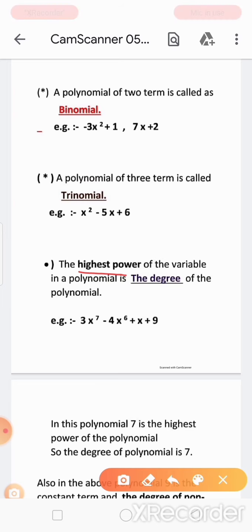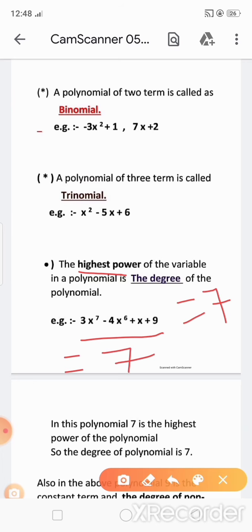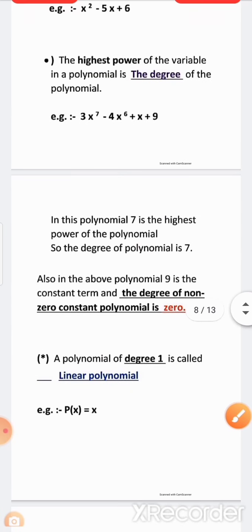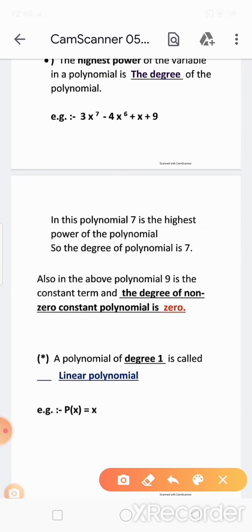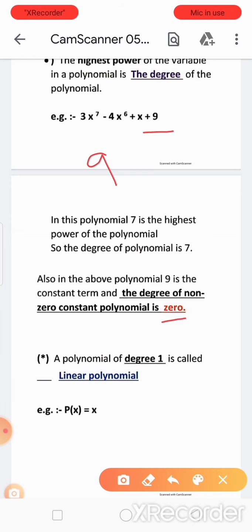For example, we take a polynomial 3x raised to 7 minus 4x raised to 6 plus x plus 9. In this polynomial, the variable x has highest power 7. So the degree of this polynomial is 7. Also in this polynomial, 9 is the constant number and the degree of a non-zero constant polynomial is always 0, because 9 has no variable.